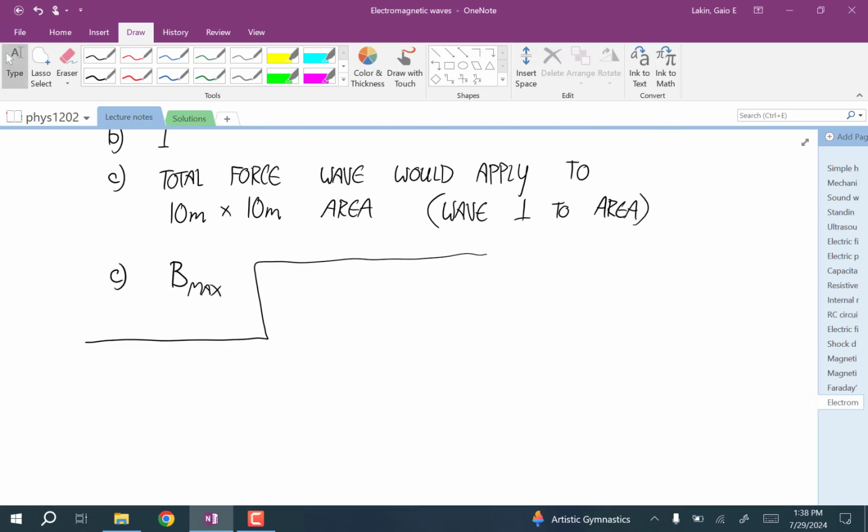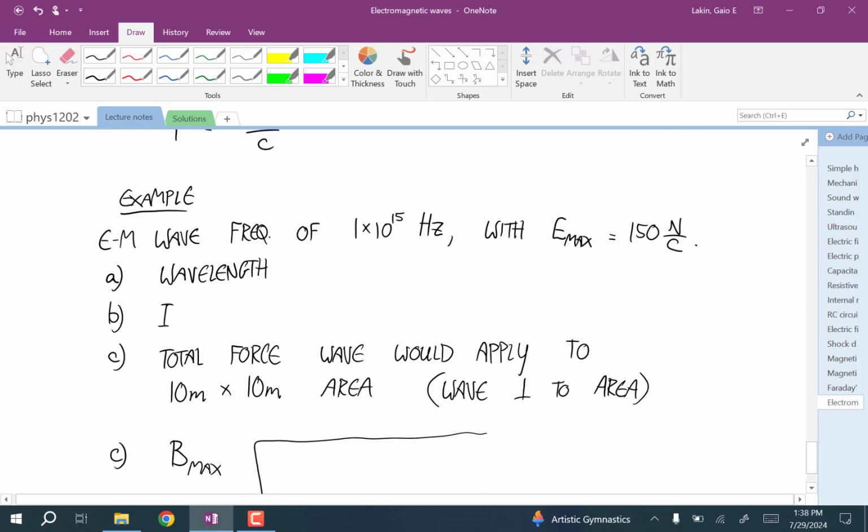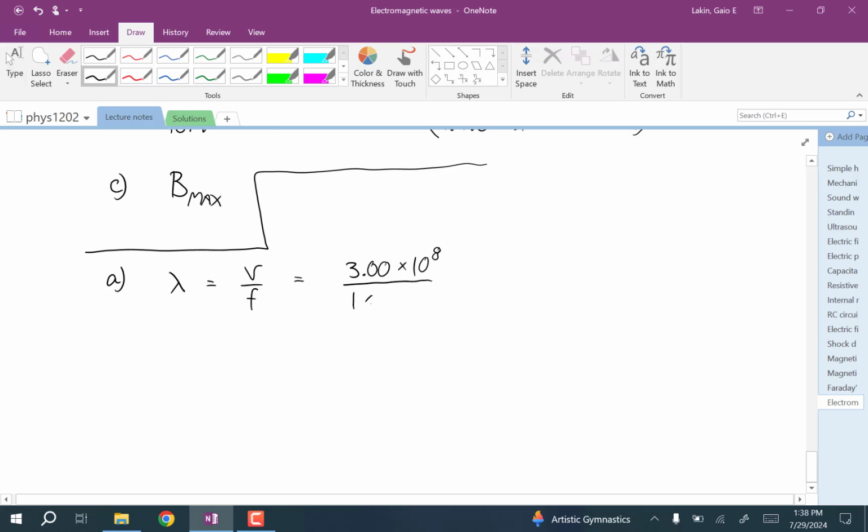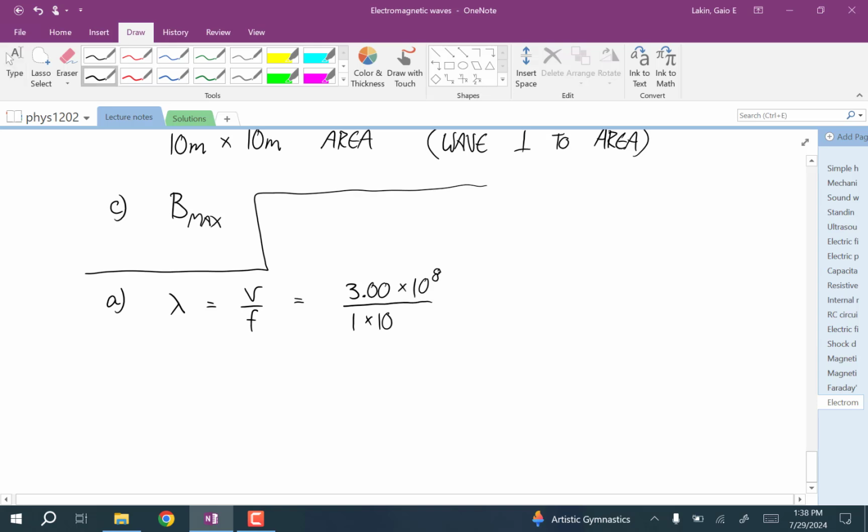Well, first for the wavelength, we can just use the most familiar equation to us that has to do with waves, and that is that the wavelength is equal to the wave speed divided by the frequency. The wave speed is 3 times 10 to the 8th, the speed of light. The frequency was given as 1 times 10 to the 15th.